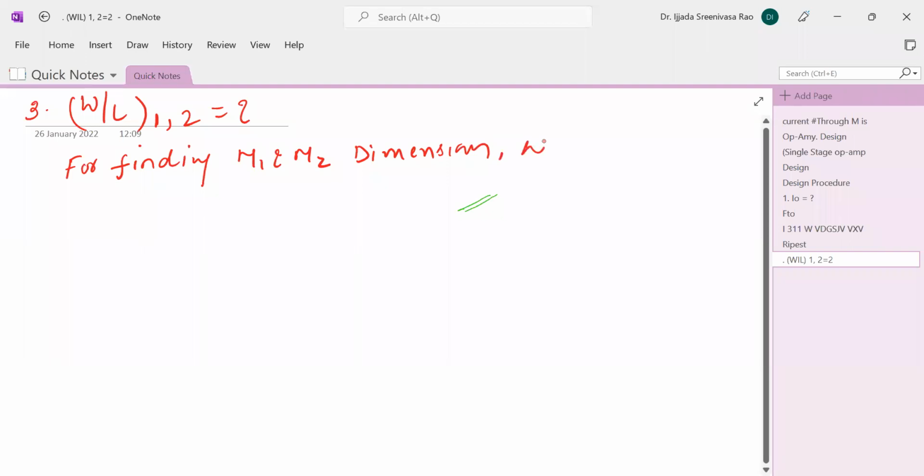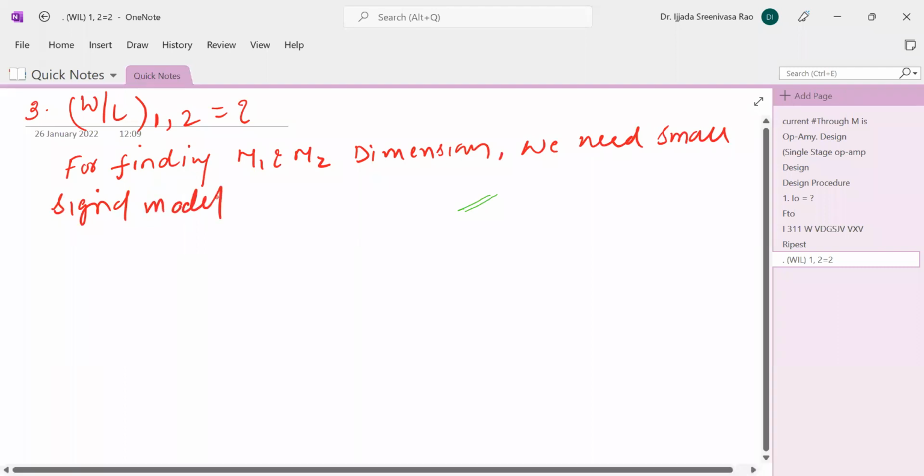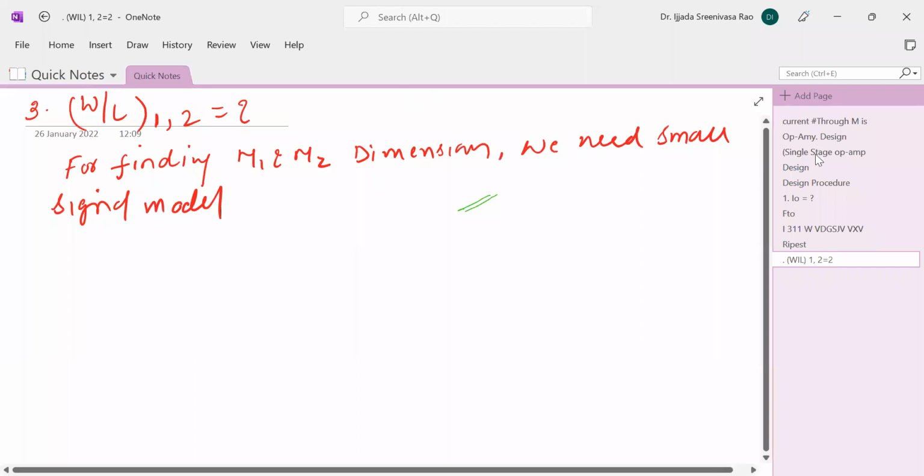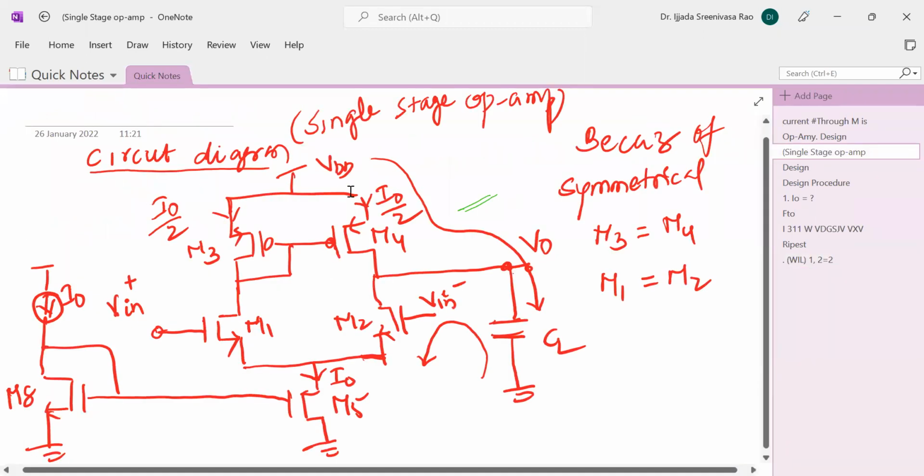we need the small signal model. Suppose small signal model where? At the output side you can take the small signal model, means here you can take the small signal model for this part. Okay.